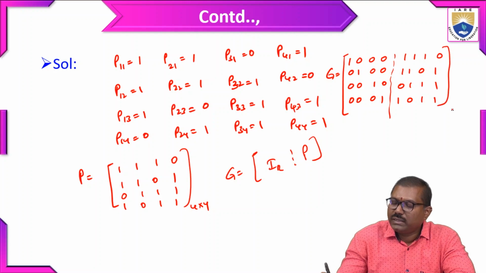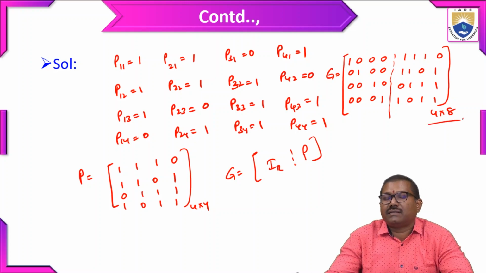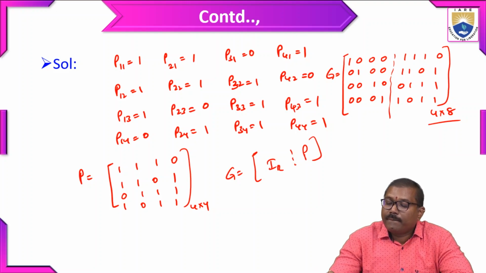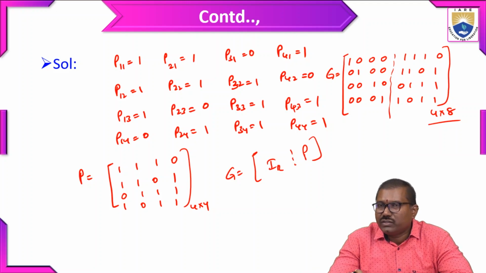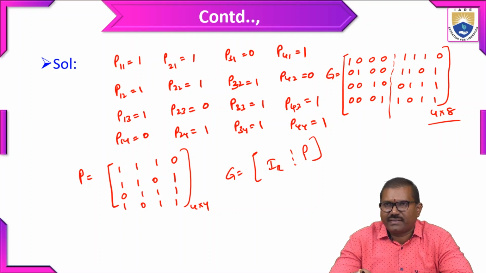So this is my 4 by 8 generator matrix. Okay. Now, by using this generator matrix, you can generate the code. For any code generation, G is a must. So, for generation of G, the coefficient matrix is a must. So, in this way, you are going to find the coefficient matrix.